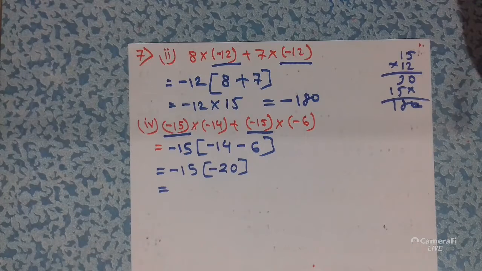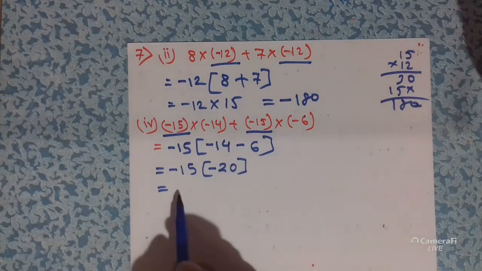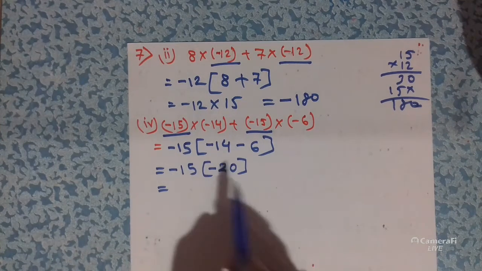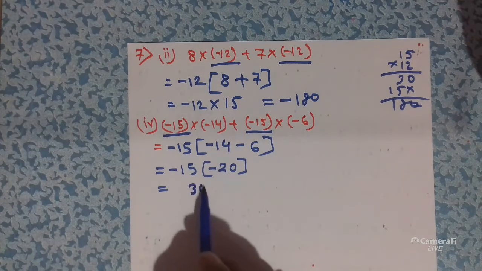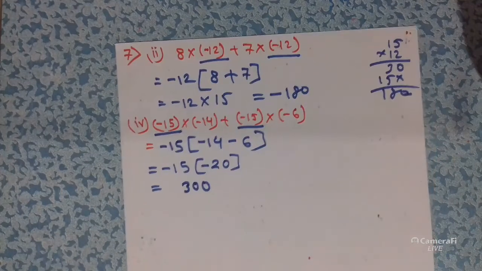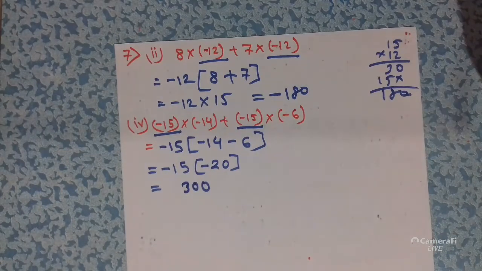Now 15 bracket minus 20, that means we have to multiply minus 15 with minus 20. So as I told you that negative multiply negative is always positive. So that means minus multiply minus is plus, and 15 multiply 20 is 300. So 300 is the answer. Okay students.